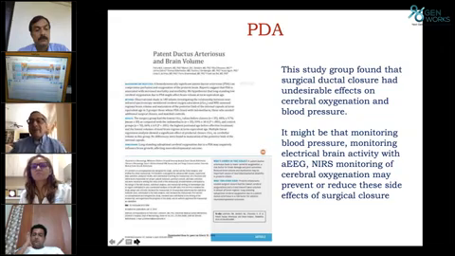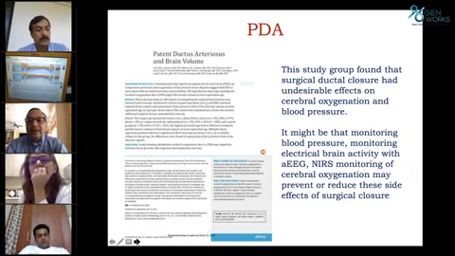If you're monitoring a baby with aEEG and near-infrared spectroscopy, you may be able to pick up these end organ impacts much earlier than your blood pressure or other systemic monitoring may provide.